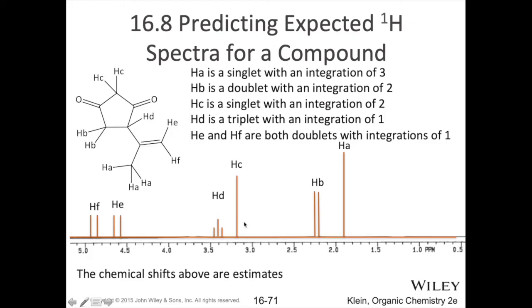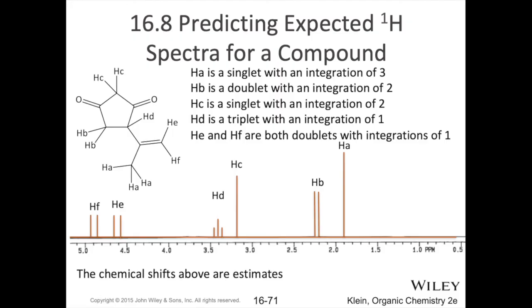For hydrogen C and D, if you're wondering why they show up where they do, keep in mind that hydrogen D is next to a carbonyl carbon. It's a methine carbon next to a carbonyl, which sends it 1 ppm further. And of course, it's also near that alkene, which sends it even further than you would expect.